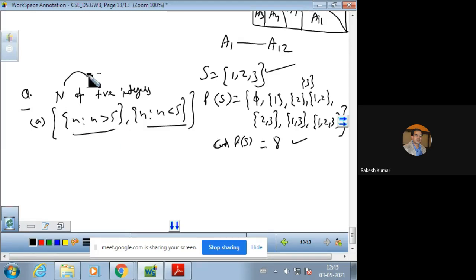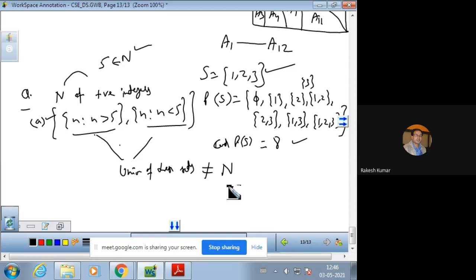But 5 is in the set N, the set of positive integers. 5 is a positive integer. 5 is not included in these sets, but 5 is a member of N. It means union of these sets will not be equal to the set of positive integers. क्यों? Because in the set of positive integers we have element 5, but 5 इस set में union में नहीं होएगा. So this is not a partition.